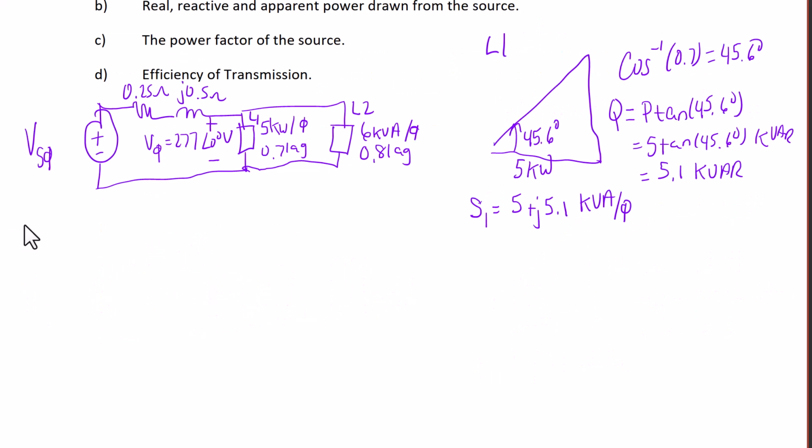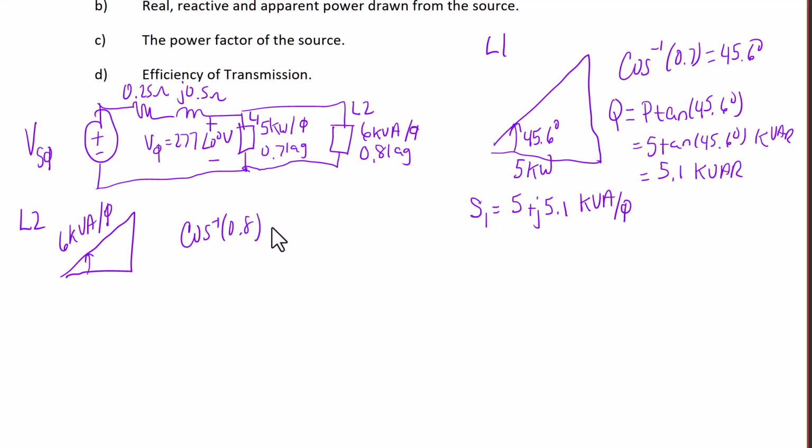So next we need to sketch a power triangle for load 2. For load 2, the hypotenuse of the triangle is 6 kVA per phase. And then we need to find this angle here, which is going to be the arc cosine of 0.8.